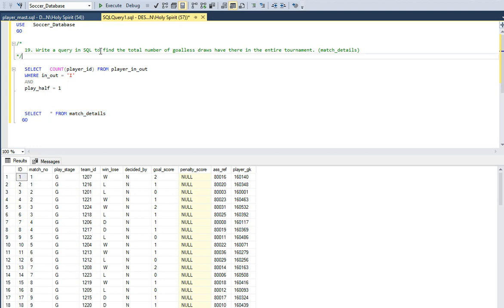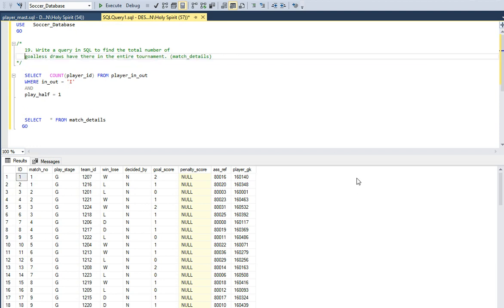Okay, write a query in SQL to find the total number of goalless draws. So draw, goal type, or I think win lose, it has to be goal.